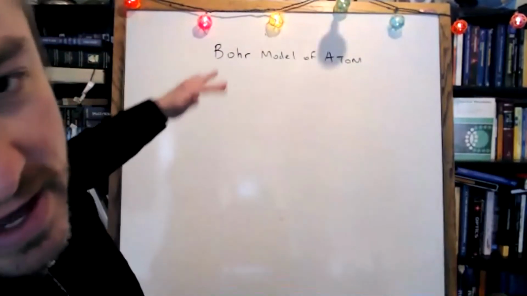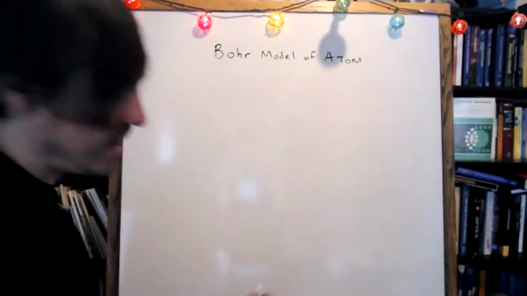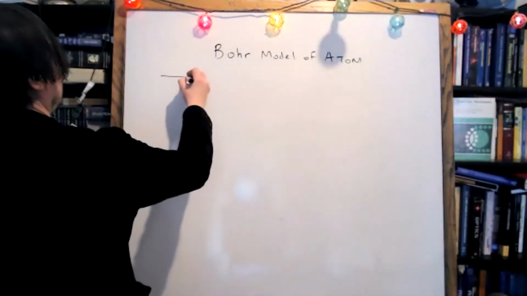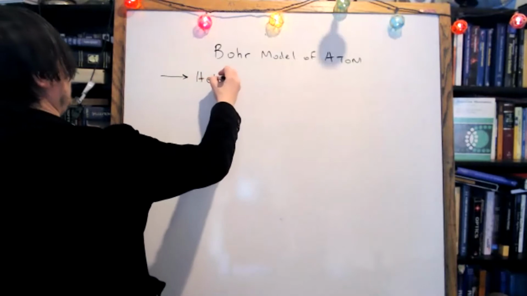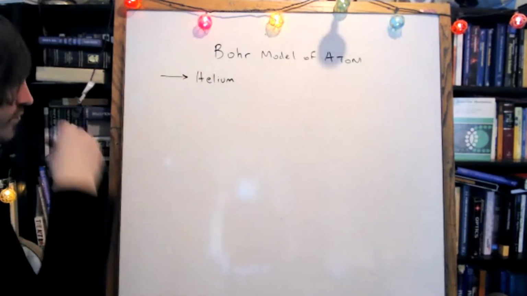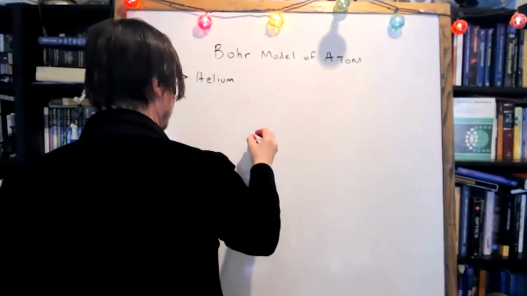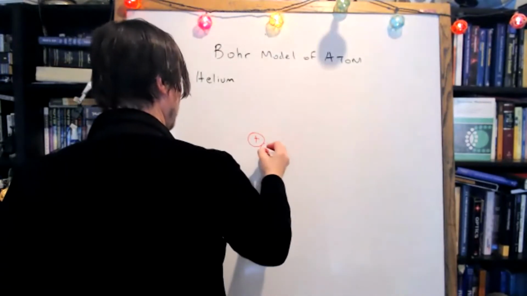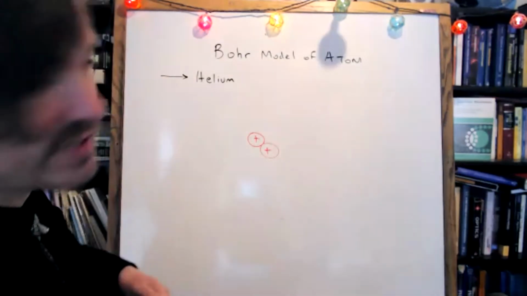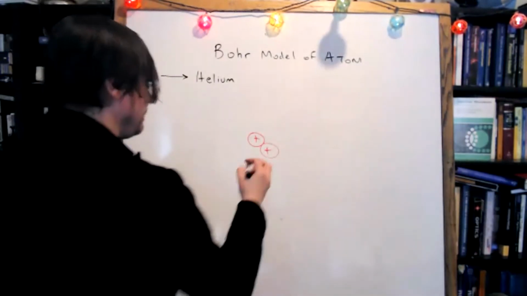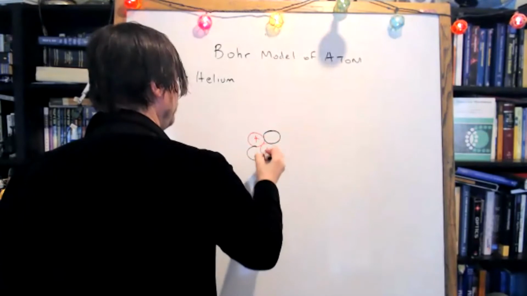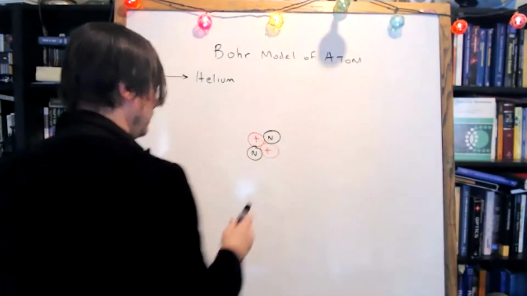Let's talk about the second most famous element on the periodic table. Let's make a little model of the helium atom, okay? A helium atom has 2 protons in its nucleus. Protons are, of course, positively charged. 2 neutrons in its nucleus.